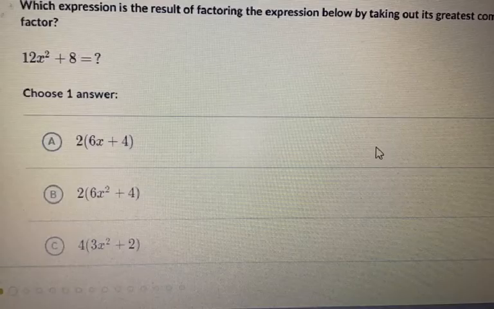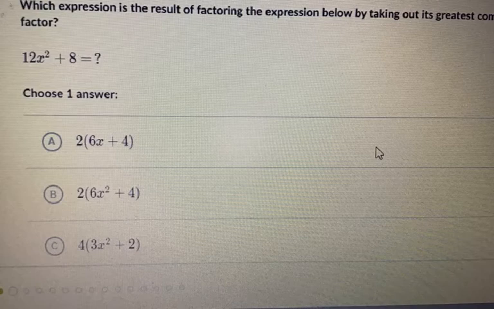All right, this one here. In the directions, they tell us they want us to take out the greatest common factor. Okay, well, 12 and 8 divide by 2, but what's better than 2 is 4. Remember, you want the biggest number possible.